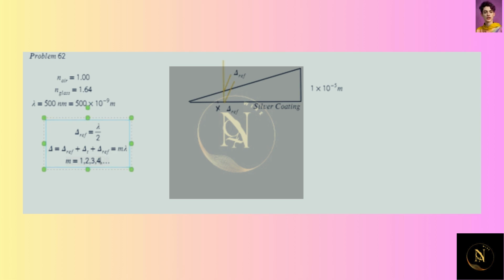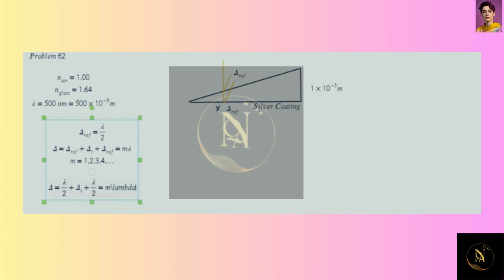Now let's make some substitutions, because each delta ref, the path length difference associated with a 180 degree phase shift, is lambda over 2. We have delta equal to lambda over 2 plus delta t plus another lambda over 2, equal to an integer multiple of lambda.